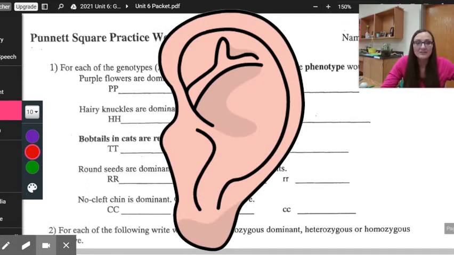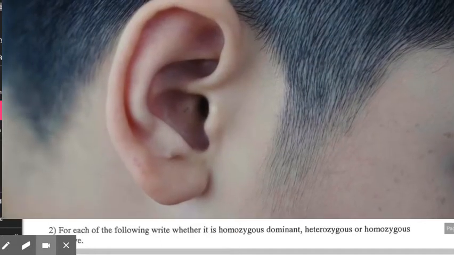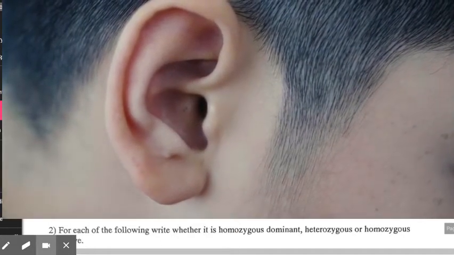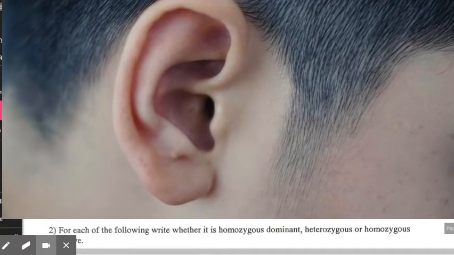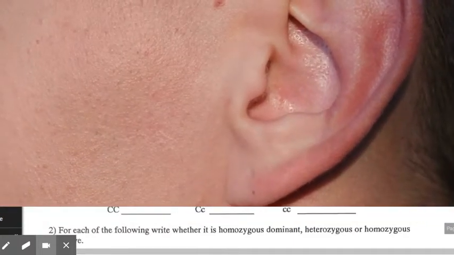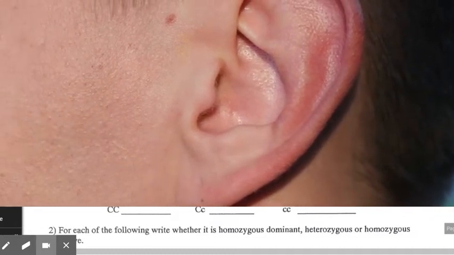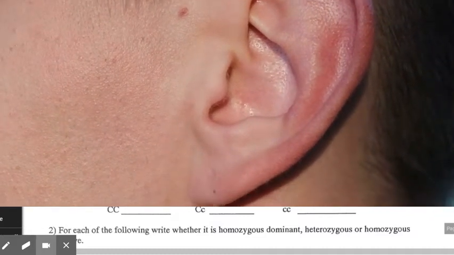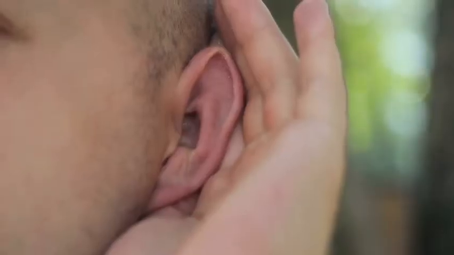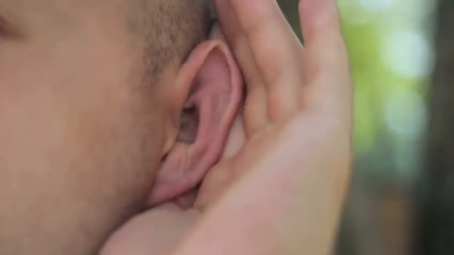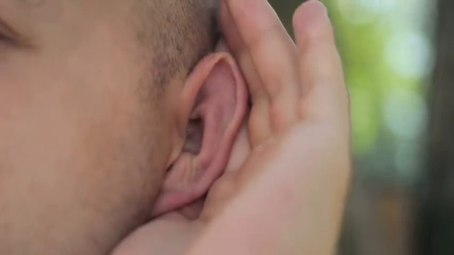Okay, so the phenotype would be that you have a free-hanging earlobe. Now, the opposite of that, or the recessive trait for earlobes, is attached. What on earth? I know because I have attached earlobes. Attached earlobes are recessive.